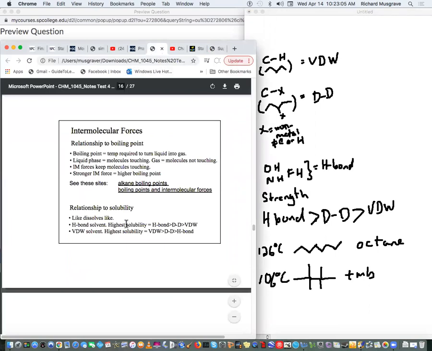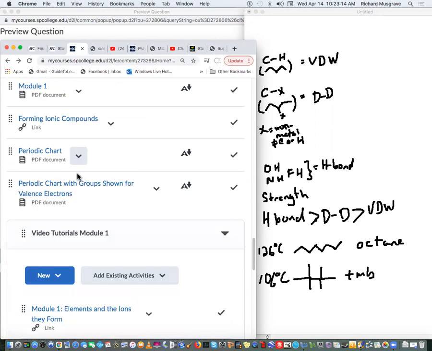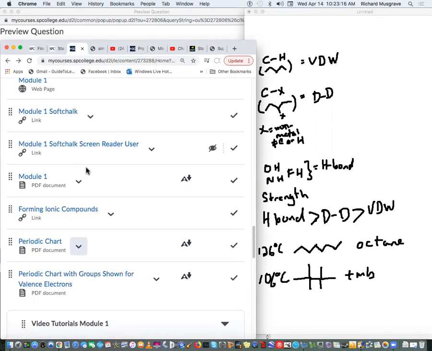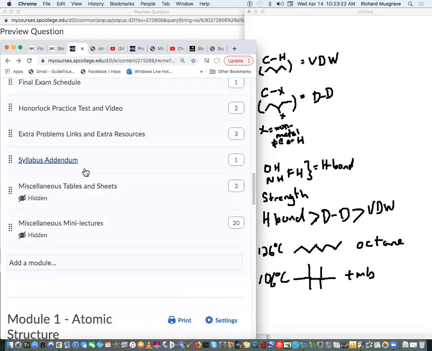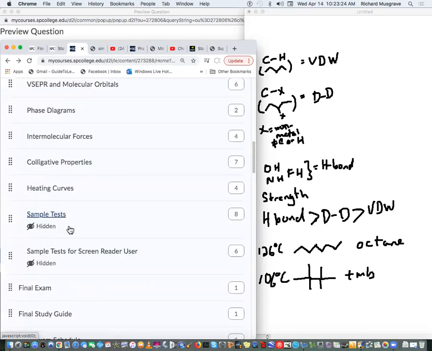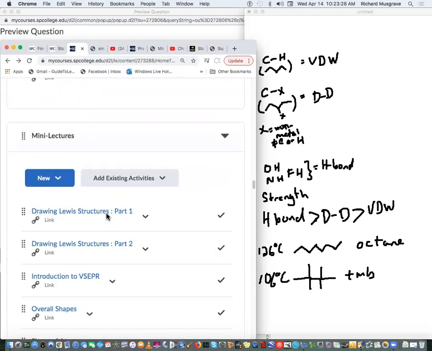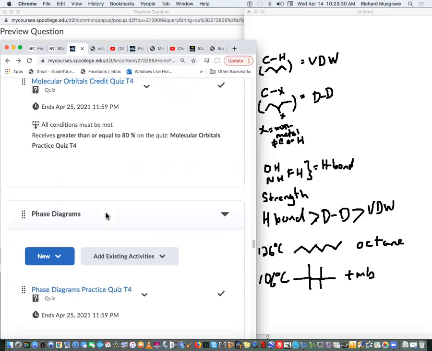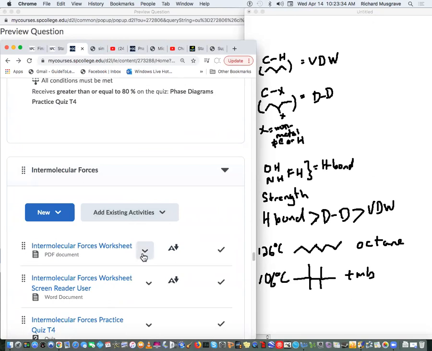All right, so let me look at some examples here. Let's go to the Intermolecular Forces folder here.